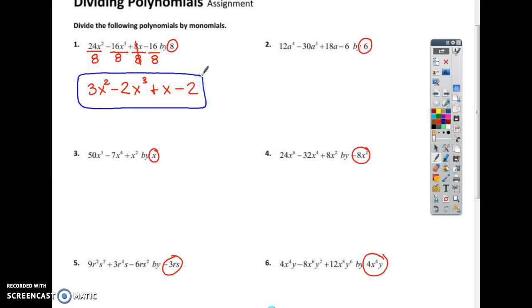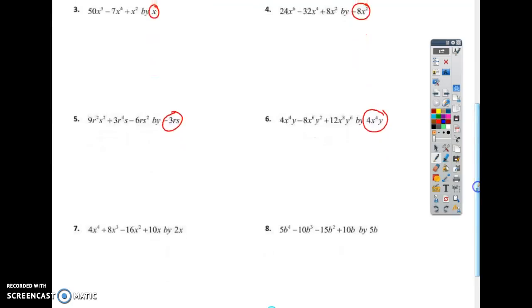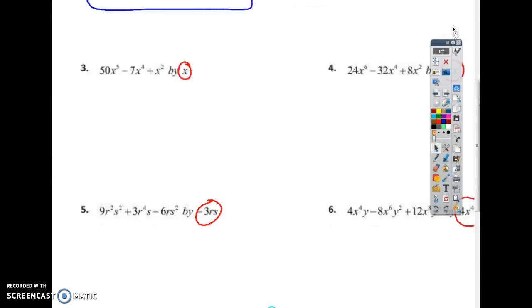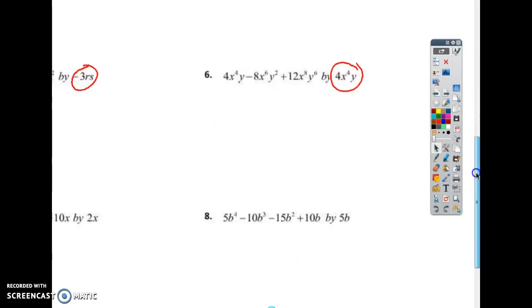Let's get to some harder problems. Let's do number 6. Okay, I'm going to make this bigger. Problem number 6, you are dividing everything by 4x to the 4th y.